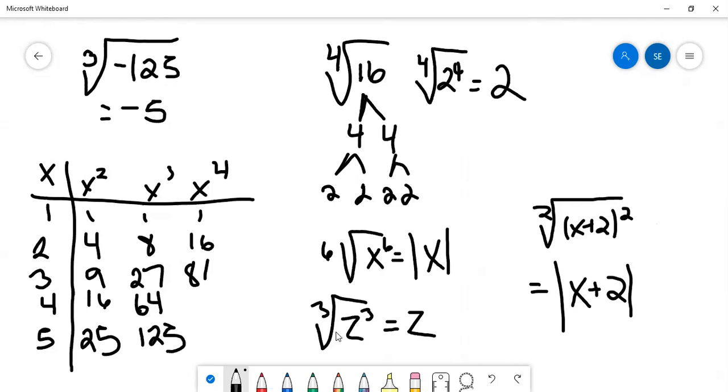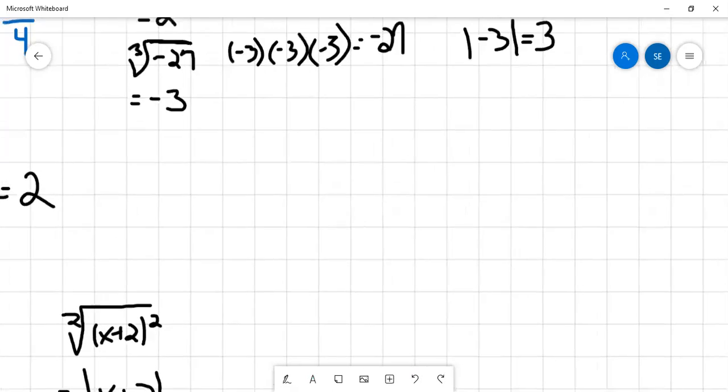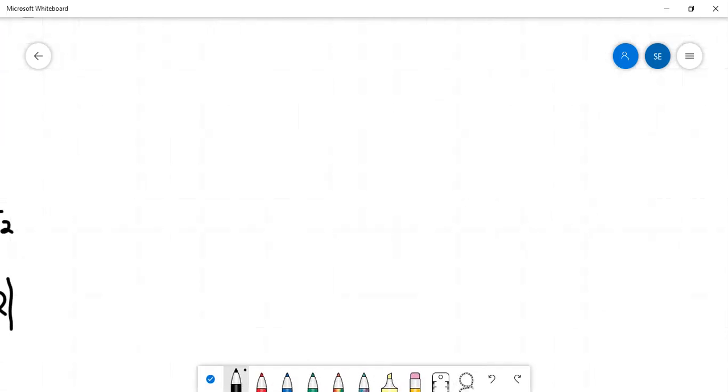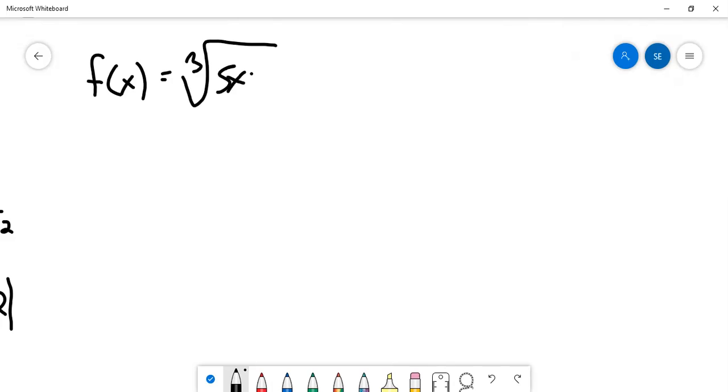Okay, and the very last one I wanted to take a look at was actually applying this as functions. There are some problems like this in your book. f of x is equal to the cube root of 5x minus 2, and we say x is equal to negative 5 and 2, we're going to plug these numbers in.